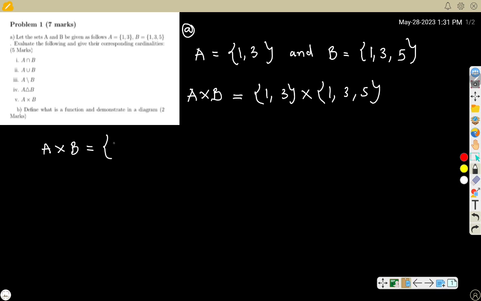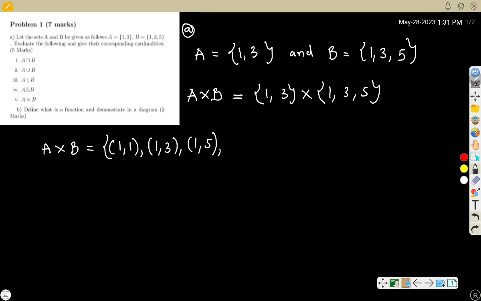So this becomes, let it be in brackets, (1, 1), again the 1, (1, 3), also (1, 5). So now move to 3 again, 3, 1, 3, 3, 3, 5.